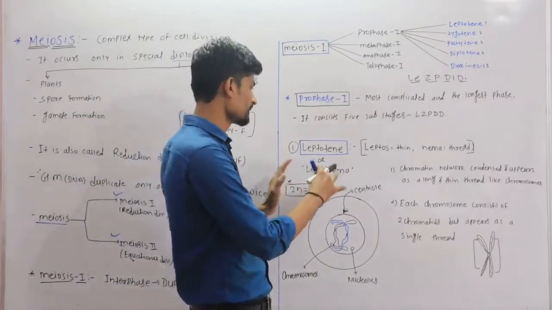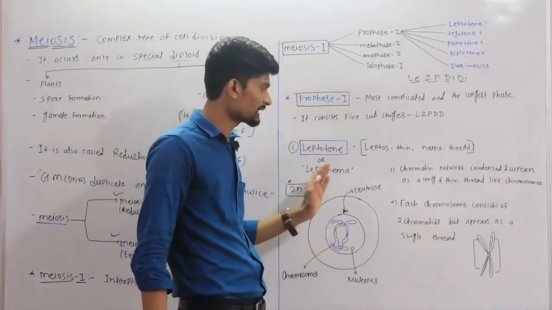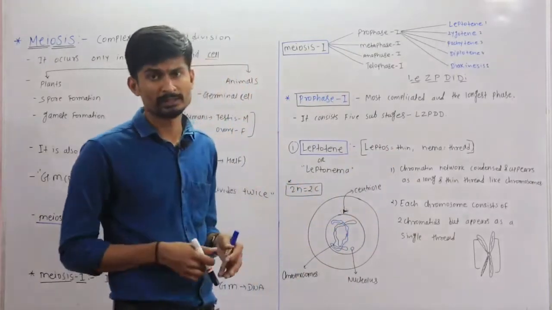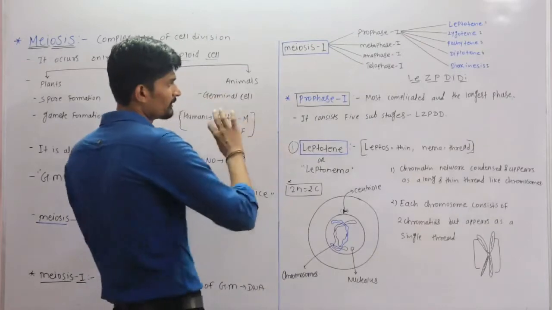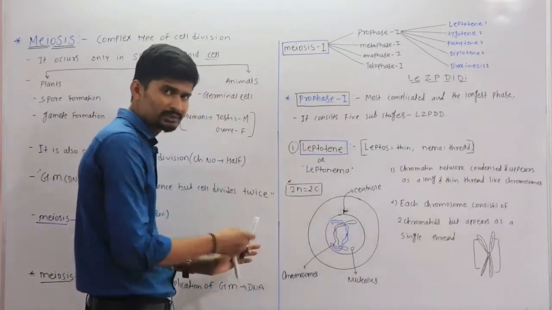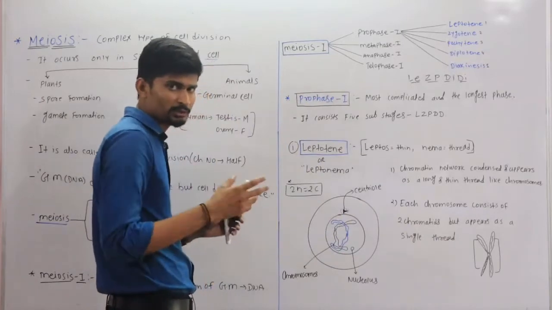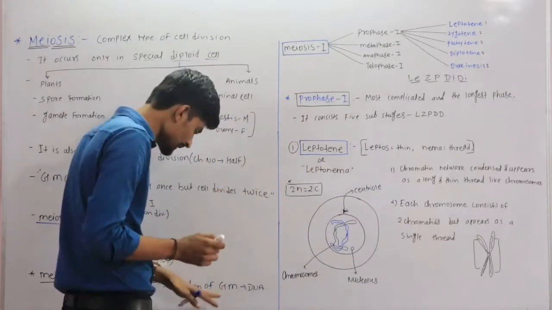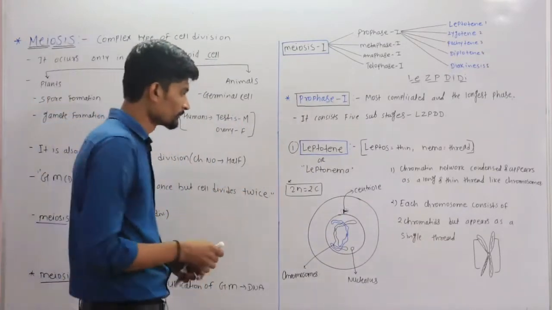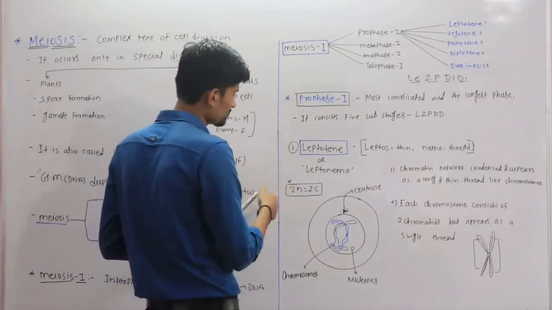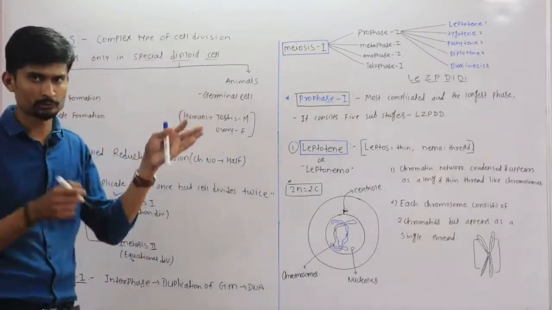Now we will see the diagram, then I will explain the theoretical part of leptotene. In prophase 1 and leptotene, the cell has the normal chromosomes, with duplication of the genetic material done in interphase. Here we are considering a diploid cell, because this occurs in the diploid cell, not the haploid cell.